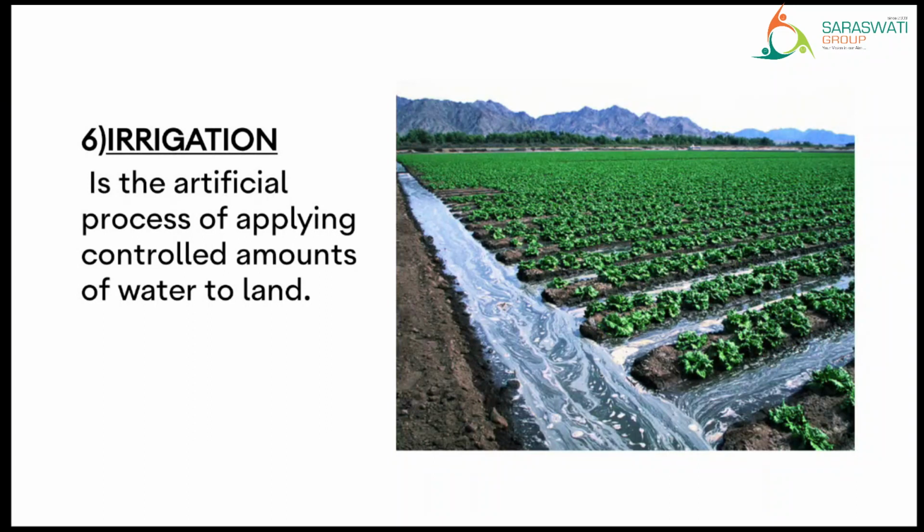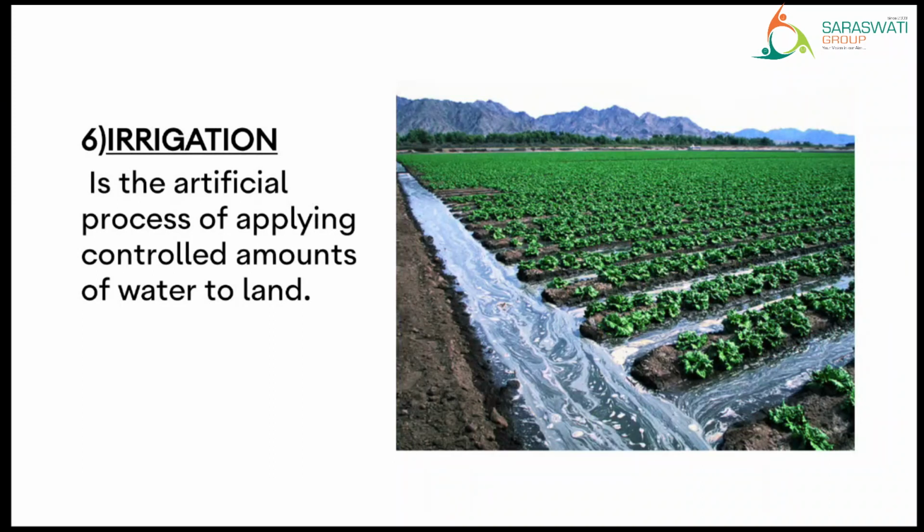It is because if the farmer supplies excess water than whatever is required, even then the plants might die. So water should be supplied in a controlled amount. Excess water is also not good, and less water is also not good for plants.